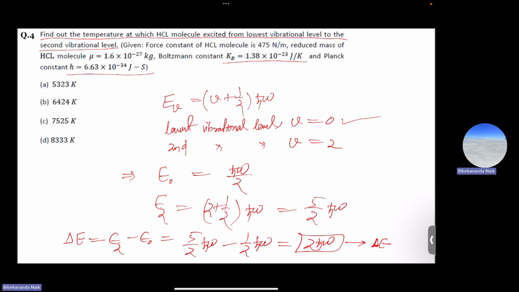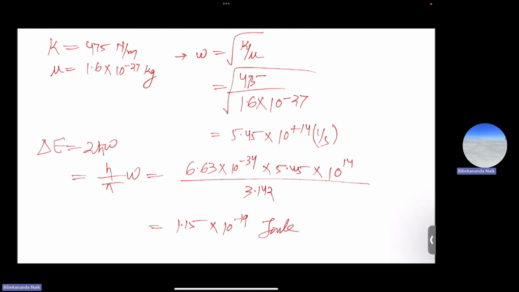Then for the second vibrational level, the value of v is 2, so it is 5 by 2 ħω. So the difference between the ground state level and the second excited level is 2ħω. So for this 2ħω, the value of omega is given by the square root of k by mu.